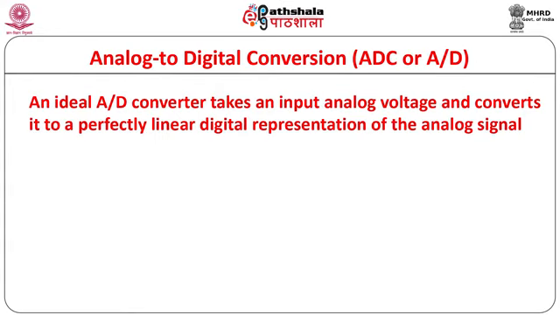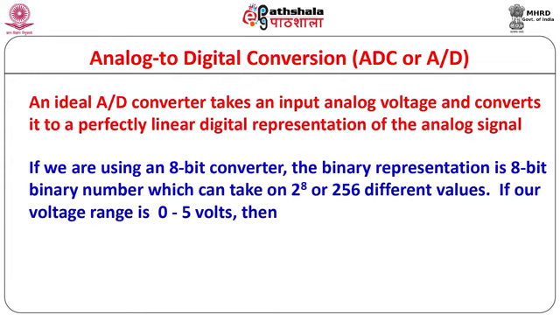AD converters, depending upon the output, may be 4-bit, 8-bit, 12-bit and so on. If an AD converter has 8-bit output, then it is known as an 8-bit ADC. If an AD converter has 12-bit output, then it is known as a 12-bit ADC.